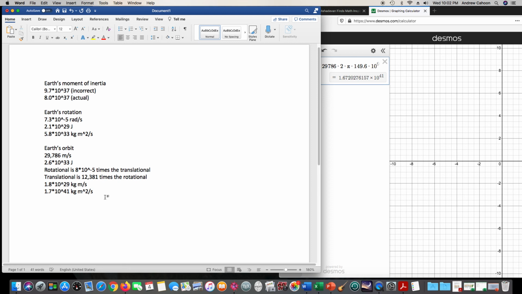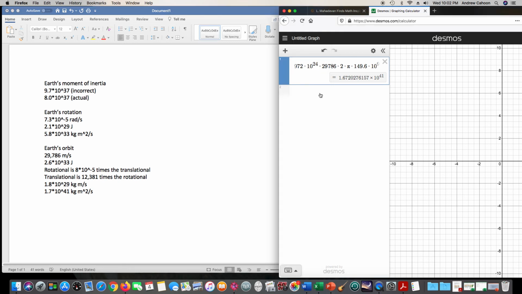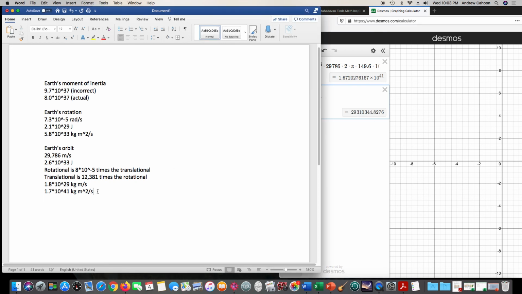So to compare them, let's do the big divided by the small. 1.7 times 10 to the 41 divided by 5.8 times 10 to the 33, and we find a pretty large number here.